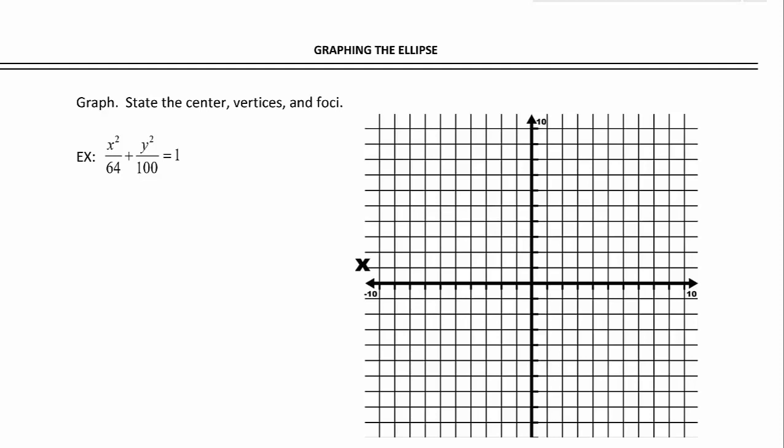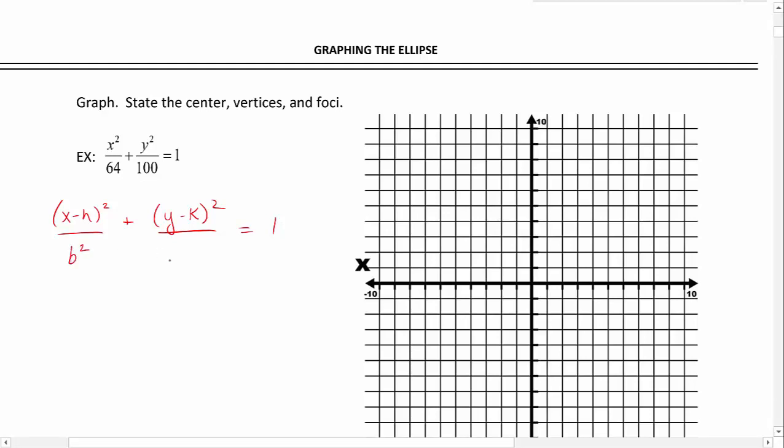When we saw the standard form of our ellipse, it was (x minus h) squared plus (y minus k) squared equal to 1. And we know that we have a squared and b squared underneath, depending on which direction we're opening big.